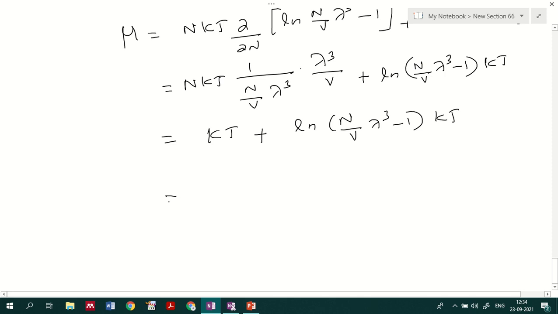So I can write it as kT plus kT ln(N/(Vλ³)) minus kT. There is a small notation issue; sorry, a bracket has been misrepresented here.